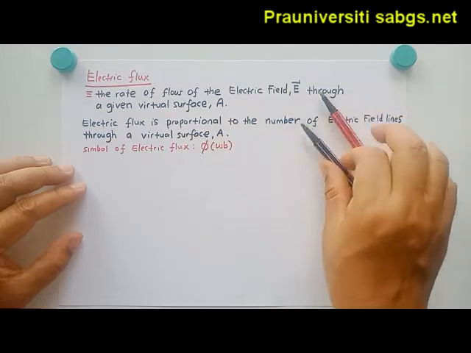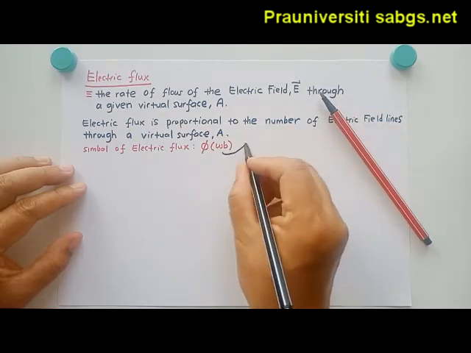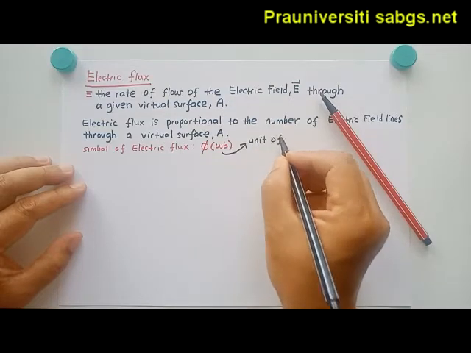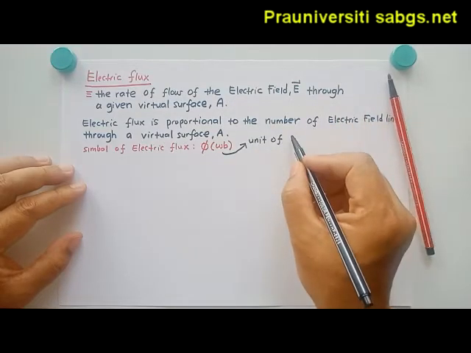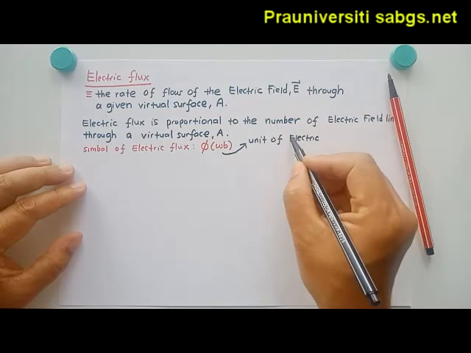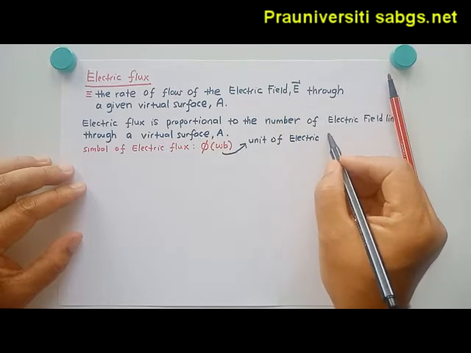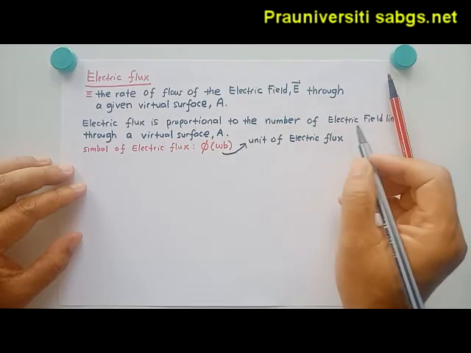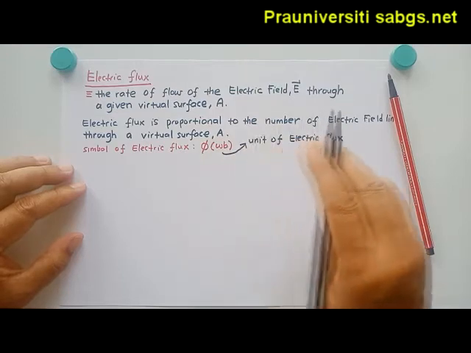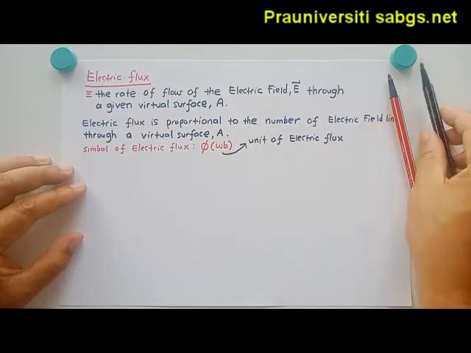So this one, the unit of electric flux, we call it a Weber. Okay, so now we continue.